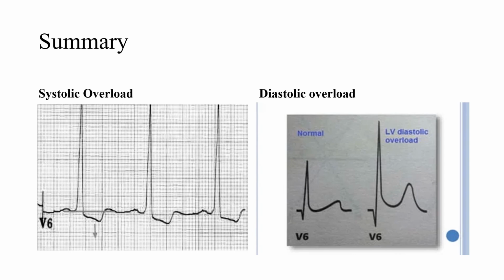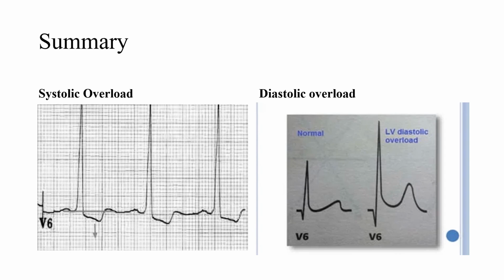While in diastolic overload, we see that the left ventricular activation time is normal, but the QRS can reach very tall heights, up to 50 millimeters, if there is AR or MR. And the T waves are in the same direction as the QRS, and they are more symmetrical, pointed and large, which indicates diastolic overload.